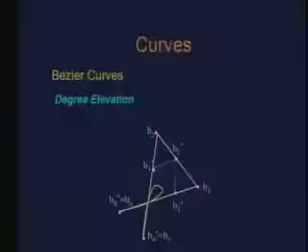See, the problem is that reducing the degree means reducing the number of control points, and of course, retaining the necessary properties of the curve.